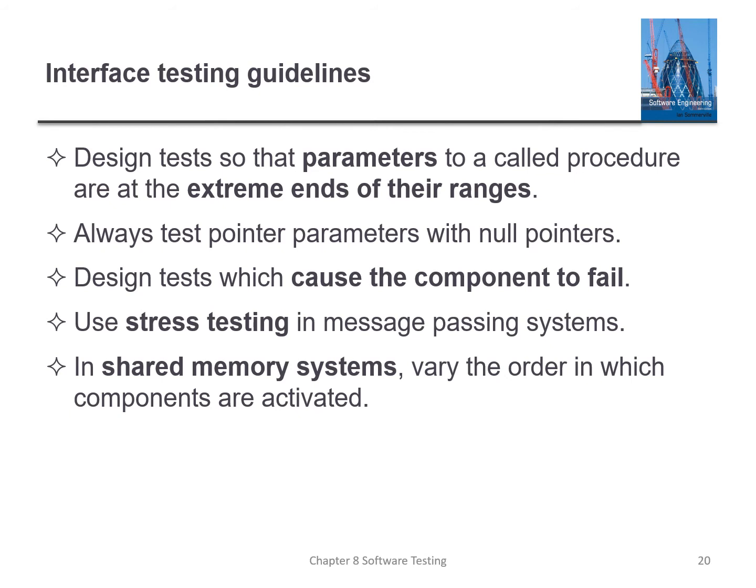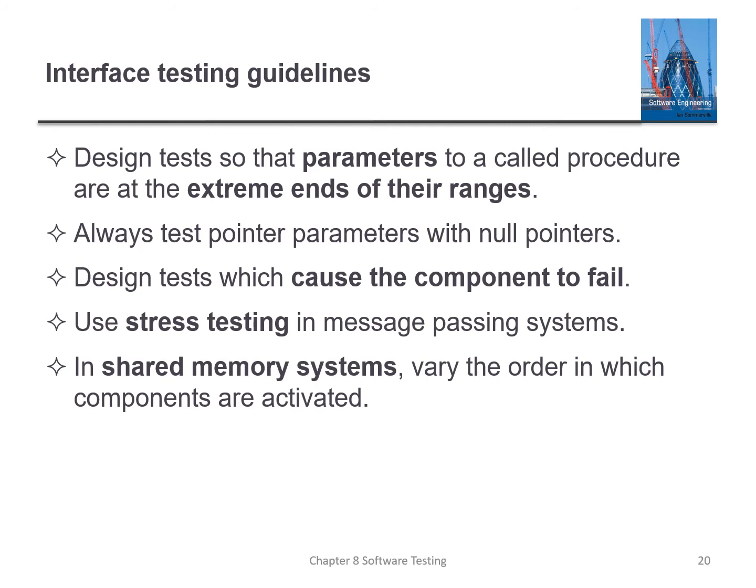So these are some of the guidelines on how to test the interface, right? You can test the parameters using very extreme values, and then always test pointer parameters. When you use object oriented, you are actually referring to addresses, right? So see what happens if the object points to a null value, and then you basically design it so that the component fails.